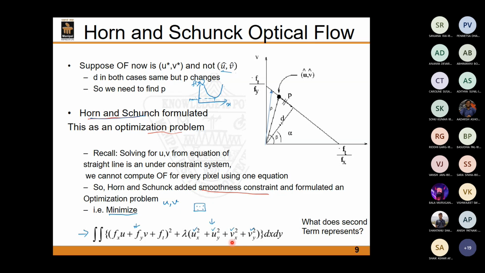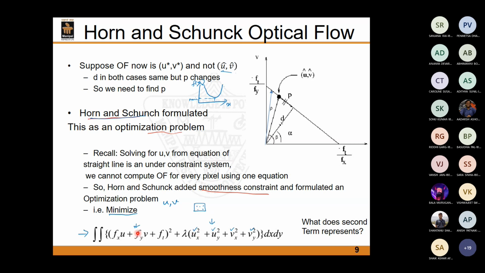the smoothness constraint. What the smoothness constraint said was, if you take a particular optical flow diagram, it assumes that in a small neighborhood the optical flow vectors will remain the same.